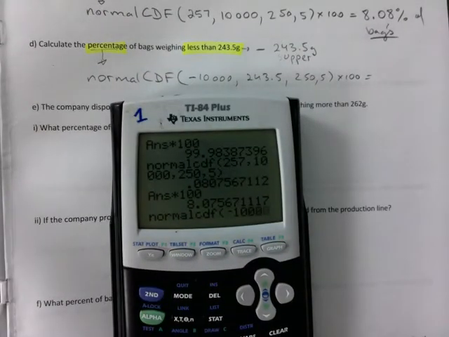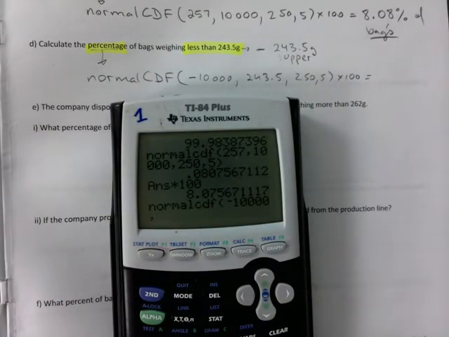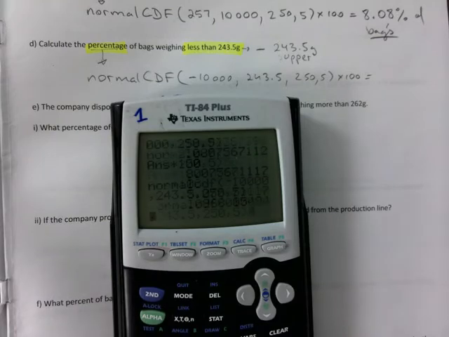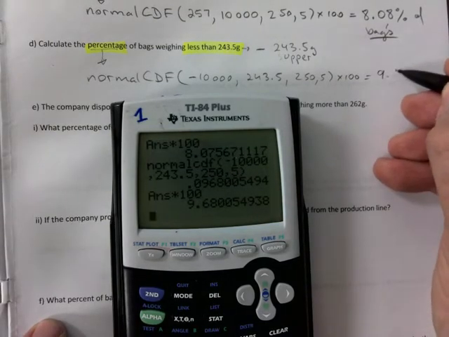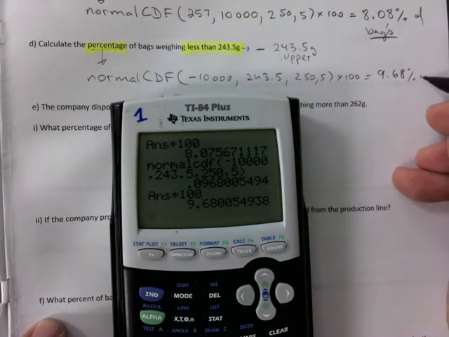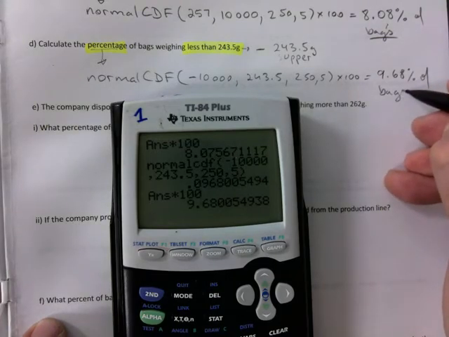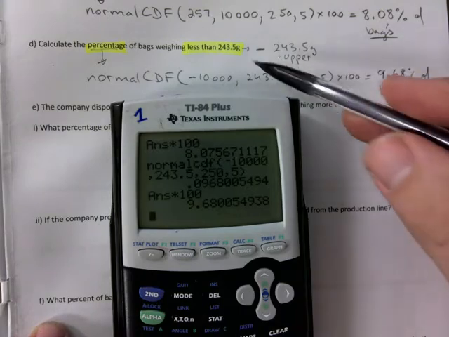Negative 10,000, make sure you don't use takeaway because it's going to give you an error if you do that. Times 100, I get 9.68% of bags are likely to weigh less than that.